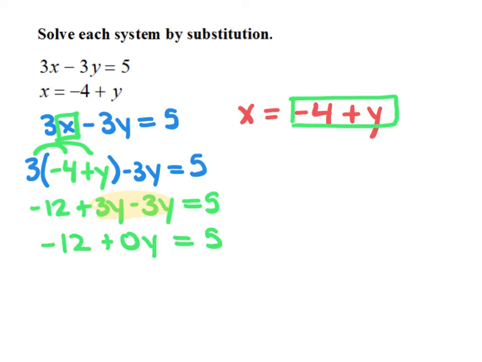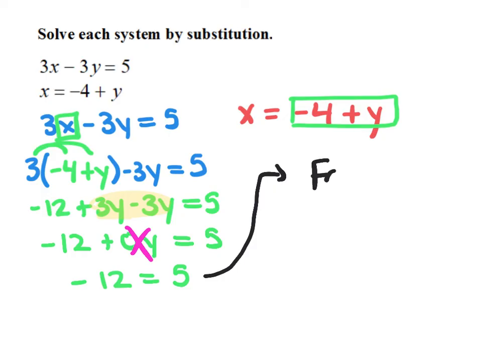And when we have that 0y, we really don't have to write that because the 0 means it's not there. So this ends up meaning that my answer is negative 12 equals 5. However, this means that we've run into an issue, so it's a special case. Now, because this is a false statement, we would say that this is no solution.